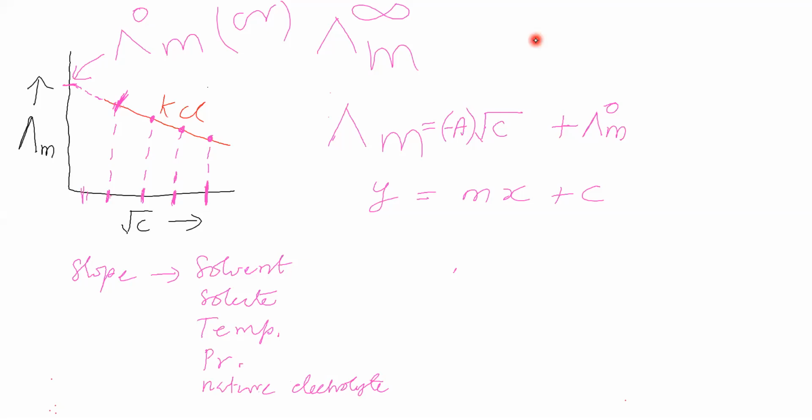Solvent can be water, chloroform, carbon tetrachloride, or ethanol. Different solvents are available. Can we say all the solvents are non-conductors? No, we cannot say that. Therefore, the solvent also conducts electricity, so the solvent also contributes towards lambda m.